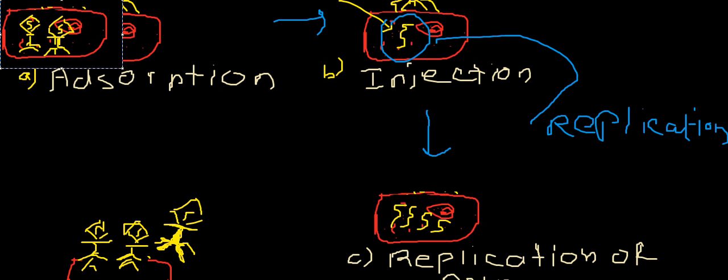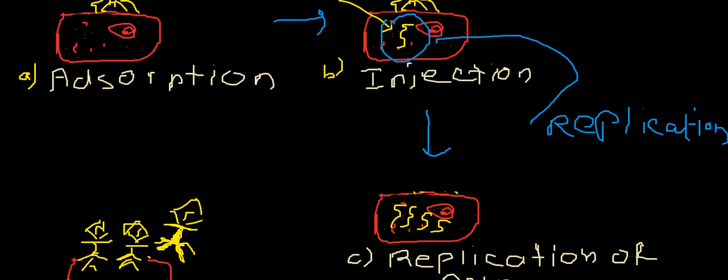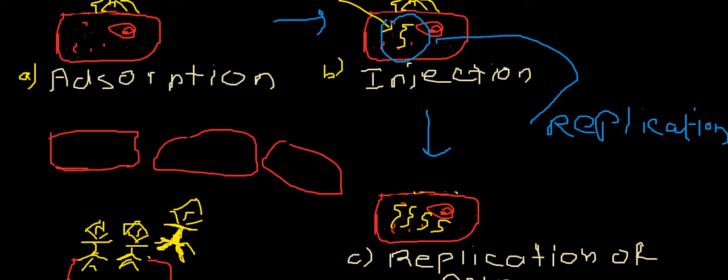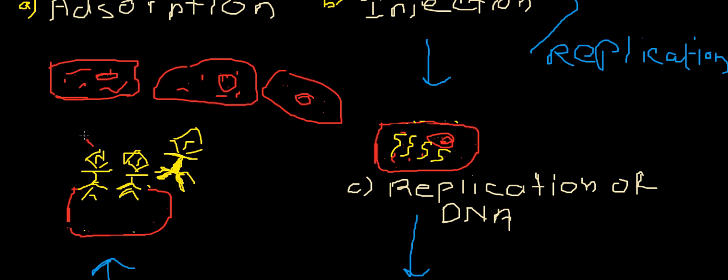And now it will infect some other bacterial cells, the cells by the side that were uninfected. This even happens in your human cells also. So maybe call this viral infection.